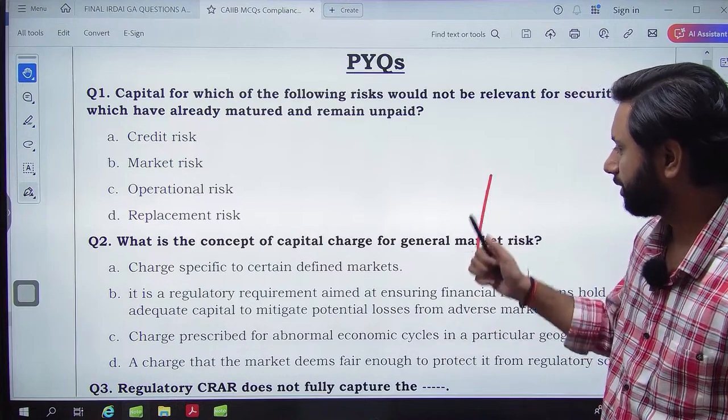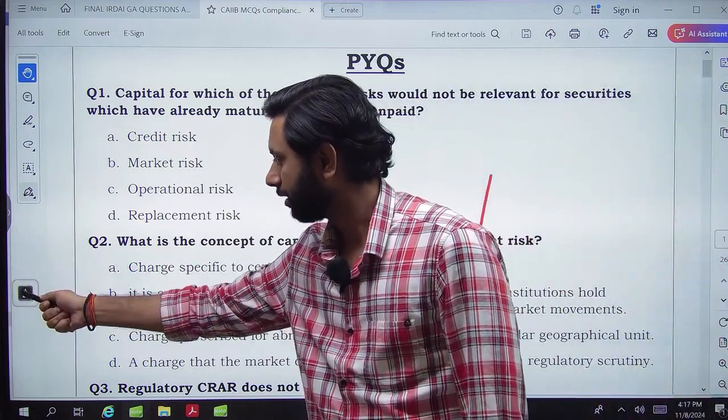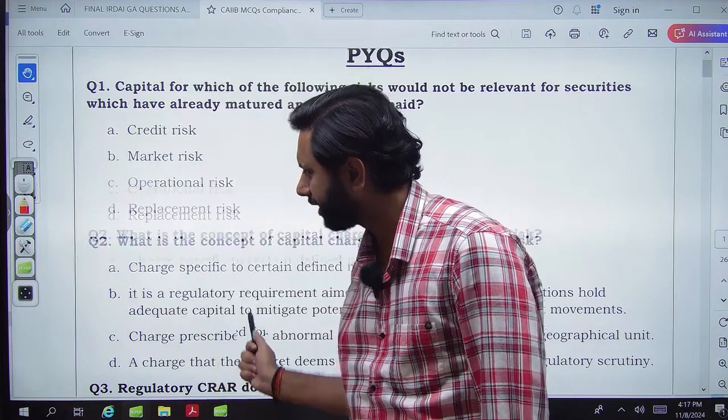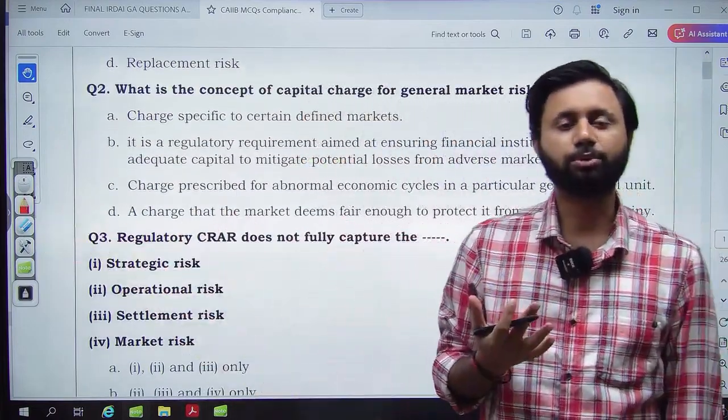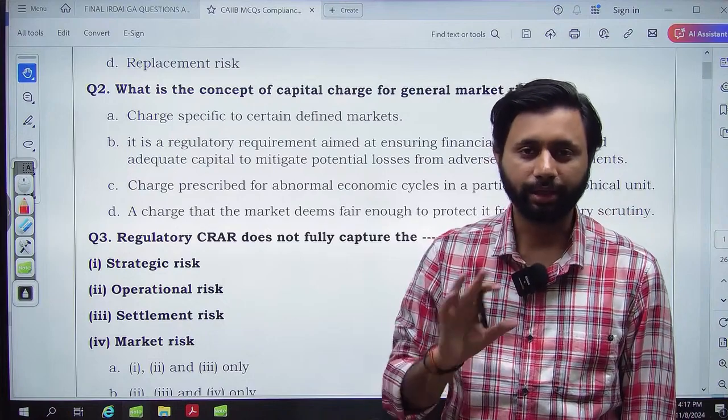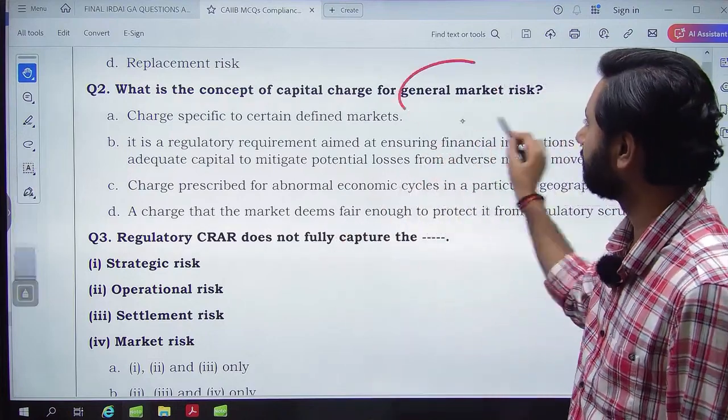Now we move towards the next question, which is a simple definition based question. They're asking you what the concept of capital charge is, specifically with regard to general market risk.